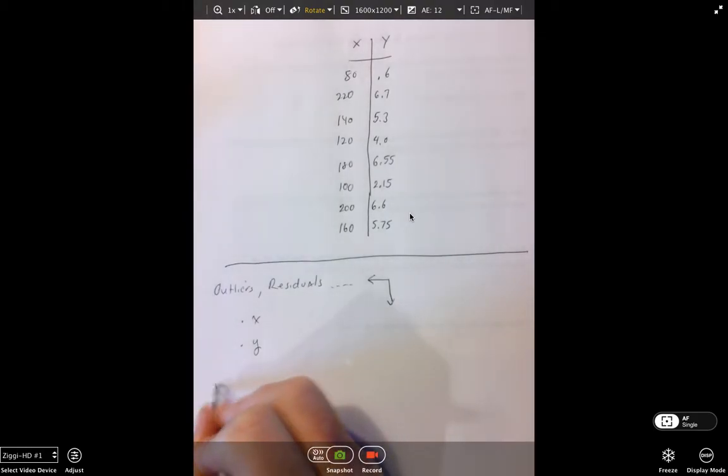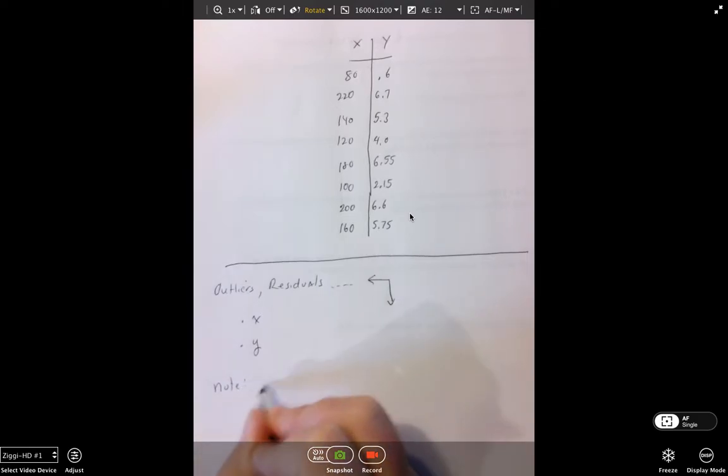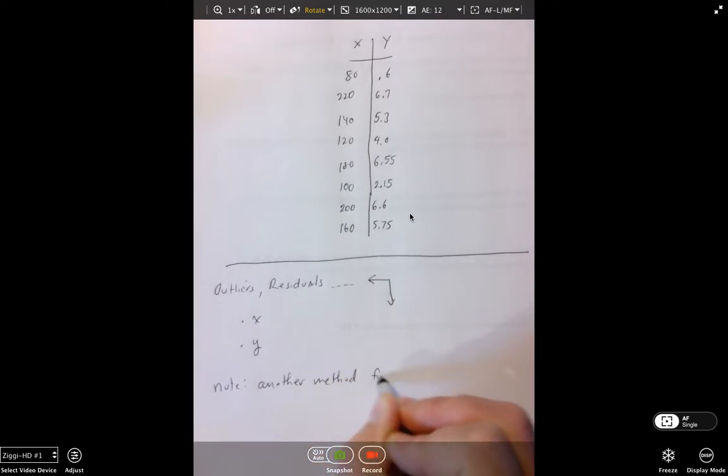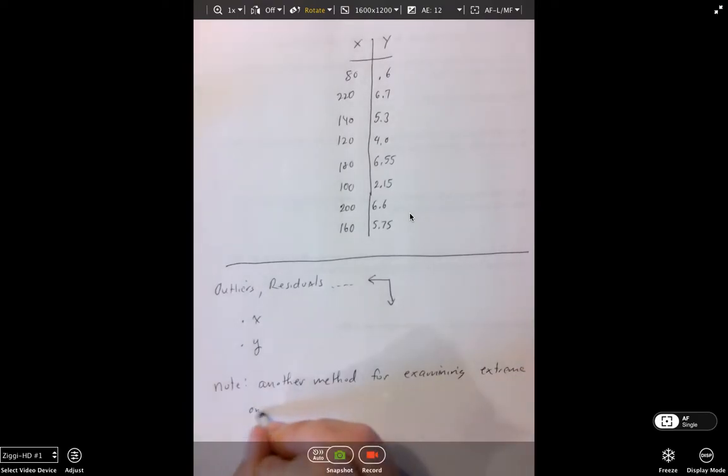So a note here: another method for examining extreme outliers is the way I kind of like to look at this.